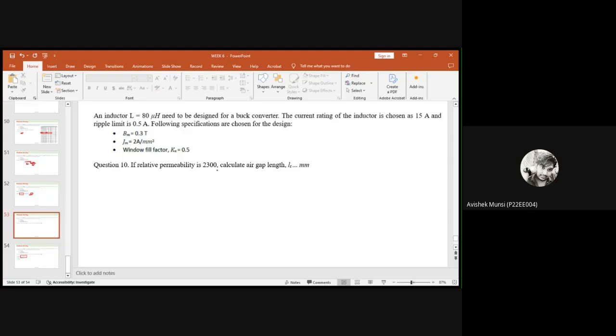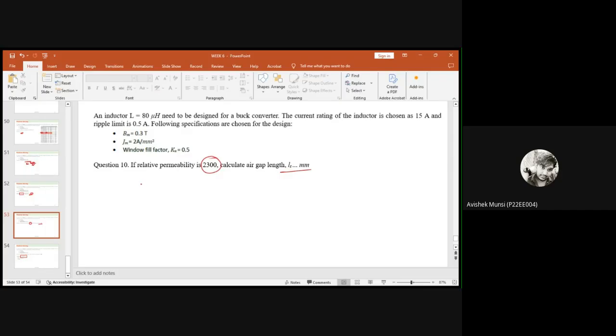So if you have the relative permeability, suppose 2300, what will be the air gap? Fine. What will be the air gap? So this is the last question. Try to solve it.